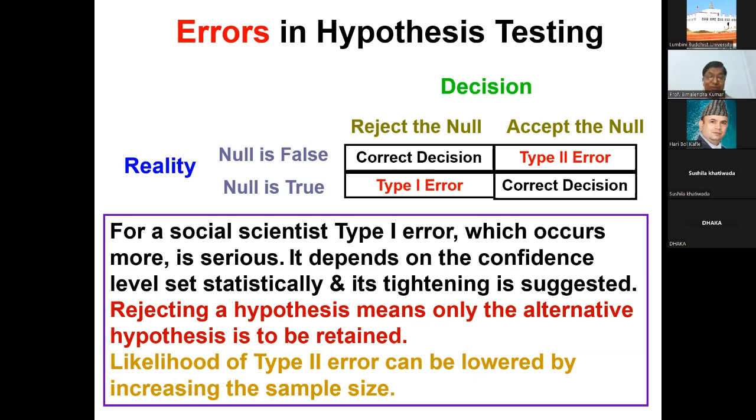See how, for a social scientist, a type 1 error, which occurs more, is serious. It depends on the confidence level set statistically, and its tightening is suggested. Rejecting a hypothesis means only the alternative hypothesis is to be retained.